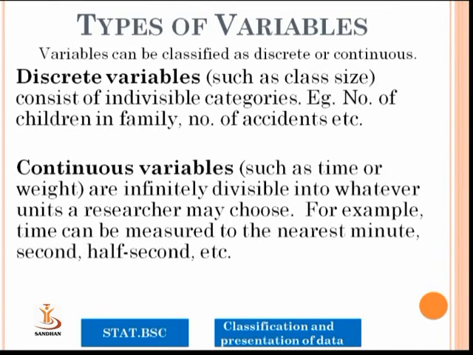Moving ahead, the types of variables. Variables can be classified as discrete or continuous. A discrete variable, such as class size, consists of individual categories, like the number of children in a family or the number of accidents.